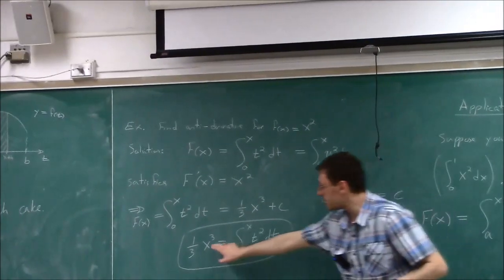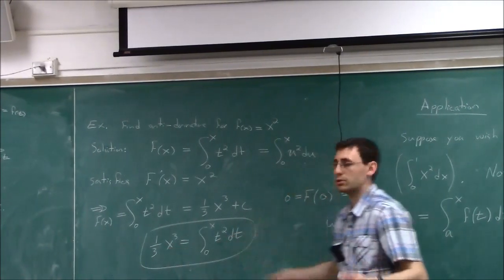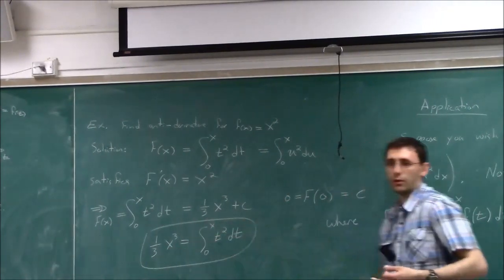Here it is. Right? Suppose I was able to guess an antiderivative of the form 1/3 x cubed. I'm able to bypass this formula and find an antiderivative of this form.